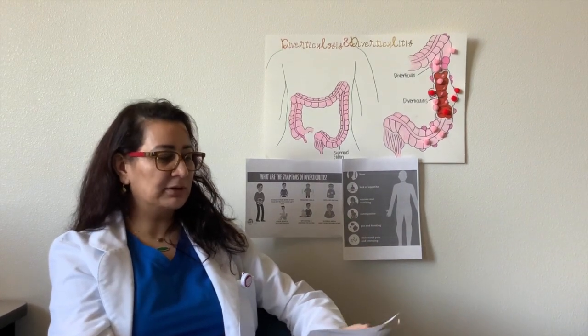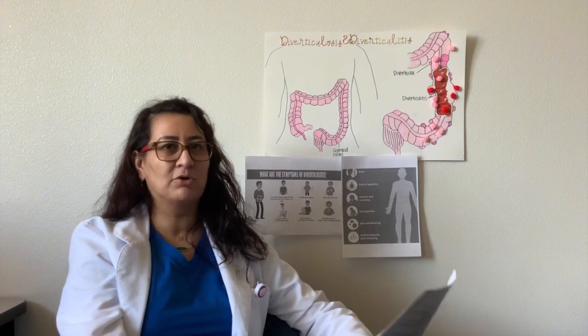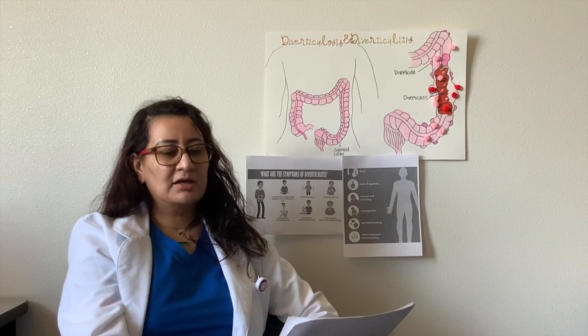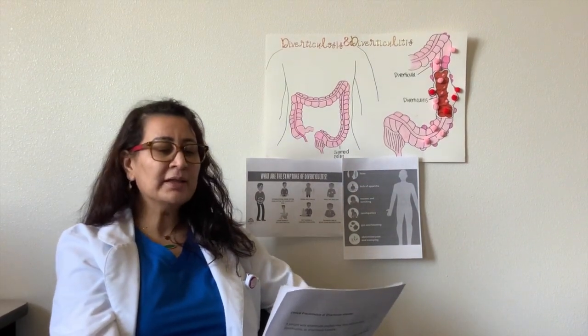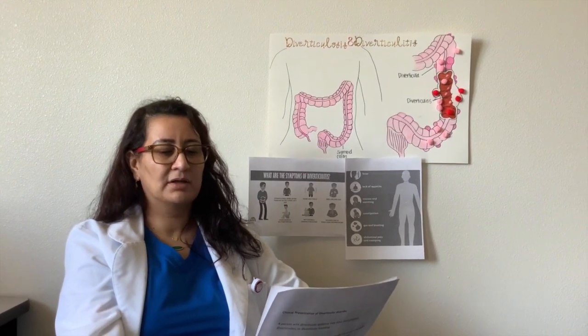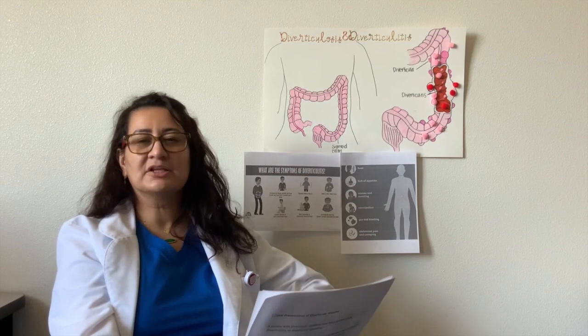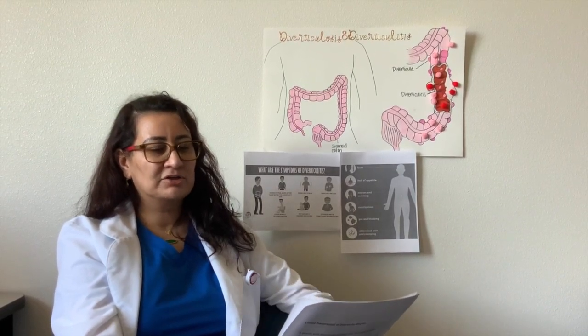Now let's talk about diverticulosis symptoms. Diverticulosis is the bulging of the large intestine, and at this time it's not really affected. It usually doesn't get diagnosed because it doesn't have signs and symptoms as obvious as diverticulitis.